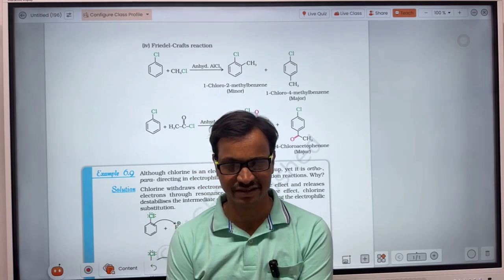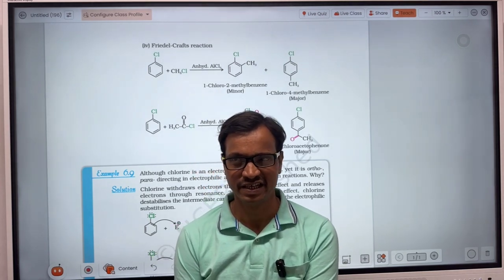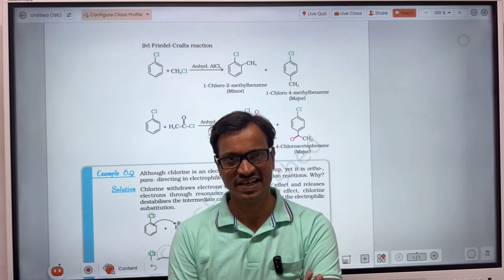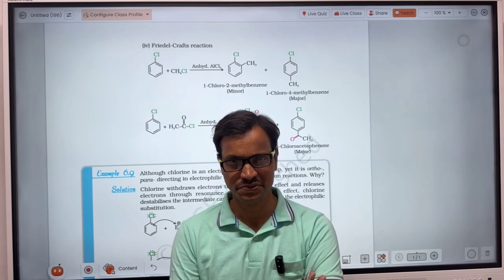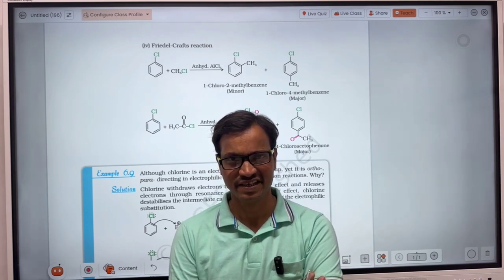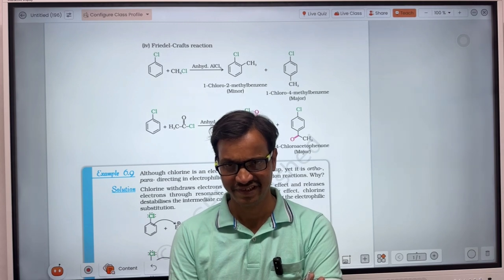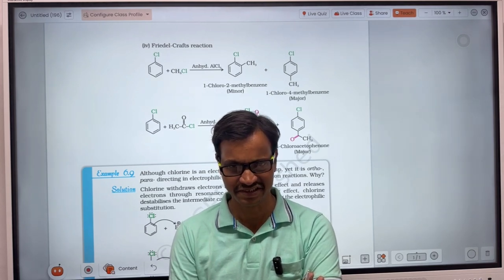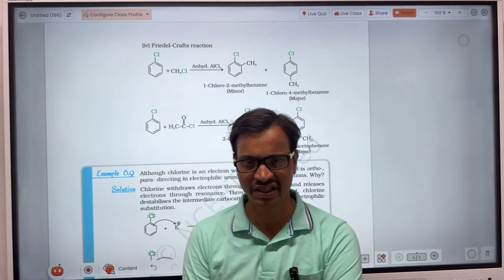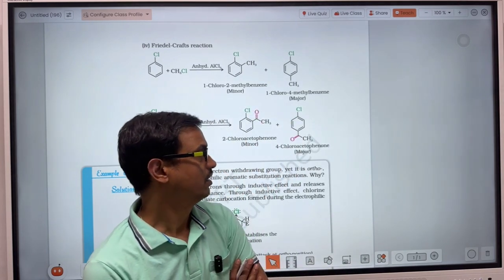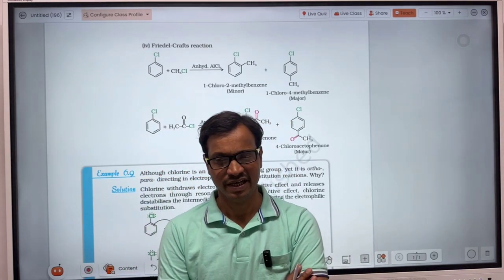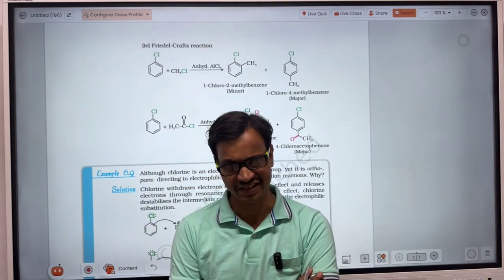During Friedel-Crafts reactions, that is either alkylation or acylation, the catalyst used is anhydrous AlCl3.